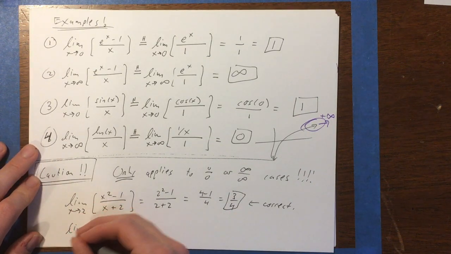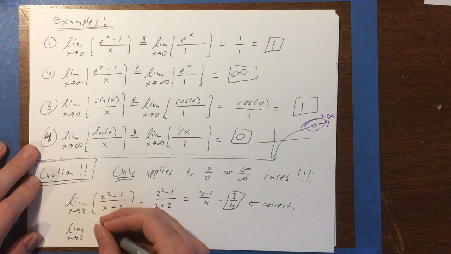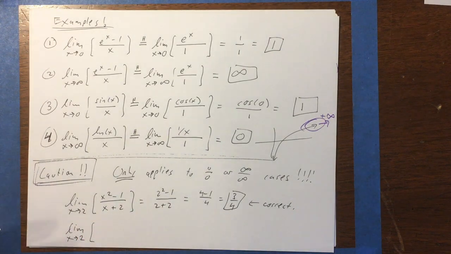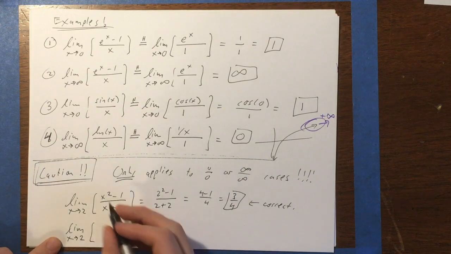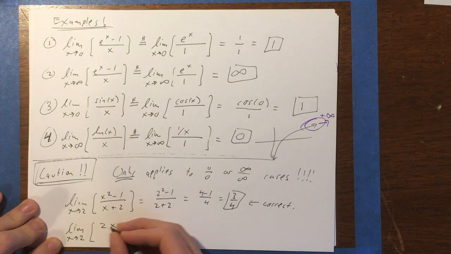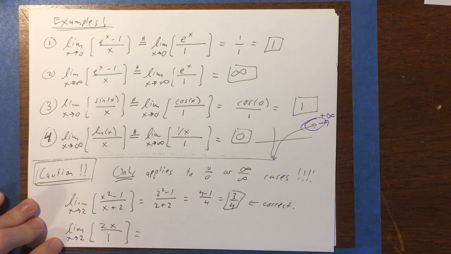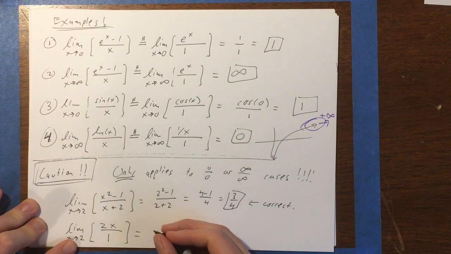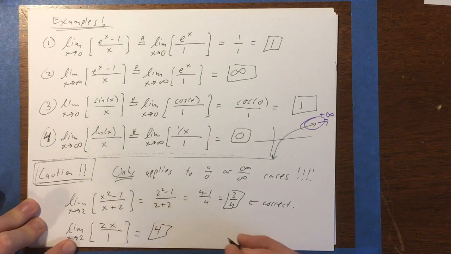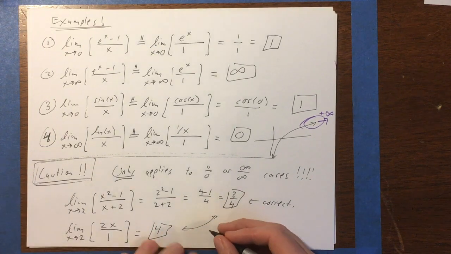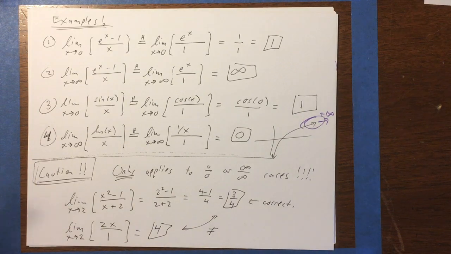If, on the other hand, you were to accidentally attempt to apply L'Hopital's rule to this, you would take the derivative of the numerator and get 2x, and the derivative of the denominator, which would be 1, and then the limit of that ratio as x approaches 2 is just equal to 4, which is not the same. And the reason is because you shouldn't use L'Hopital's rule on this.